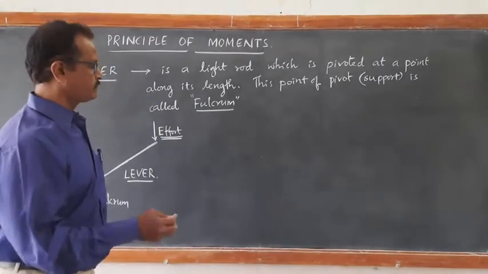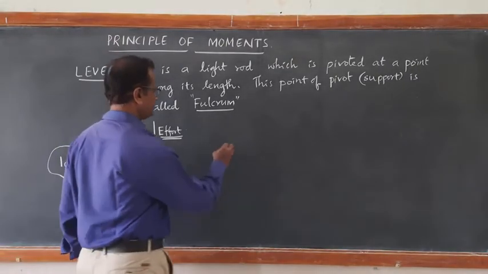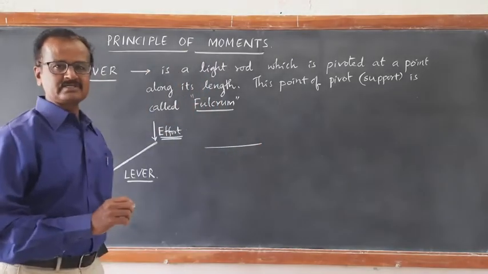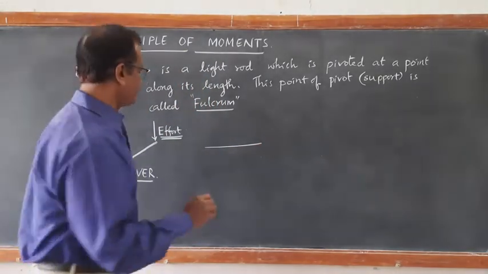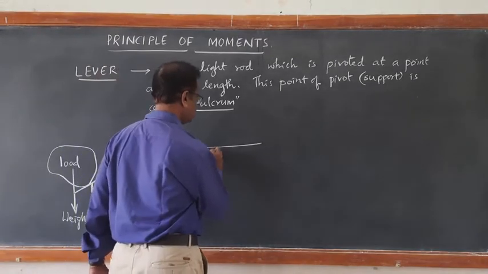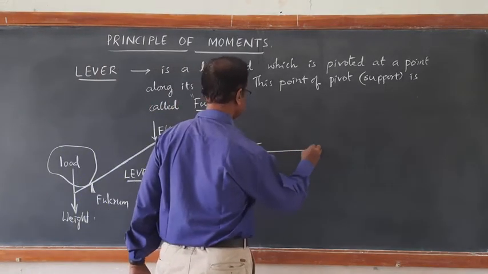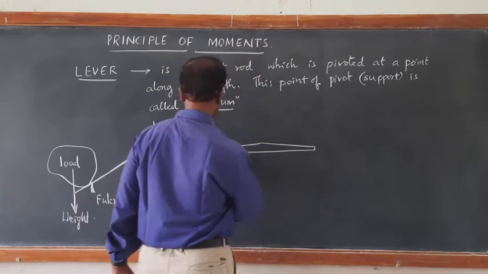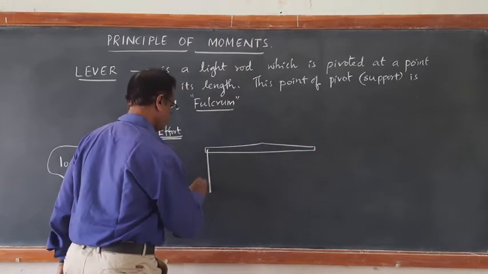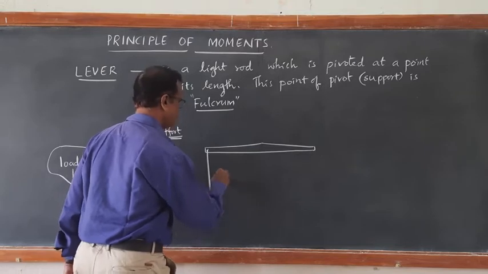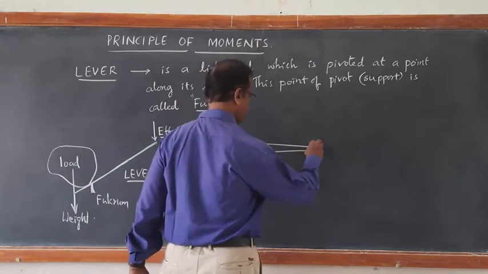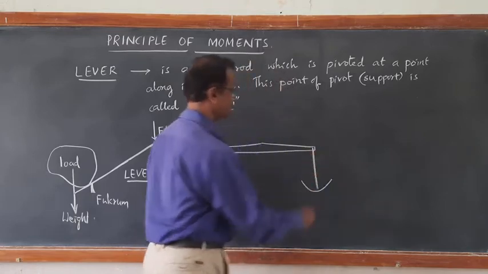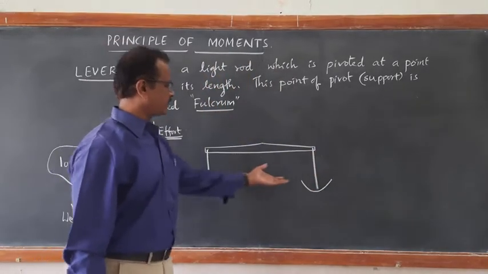Another example of a lever is the beam bar of the weighing balance. If you observe, it acts as a lever. On one side the weight should be kept, on the other side the things to be measured, like vegetables or grocery, will be kept.